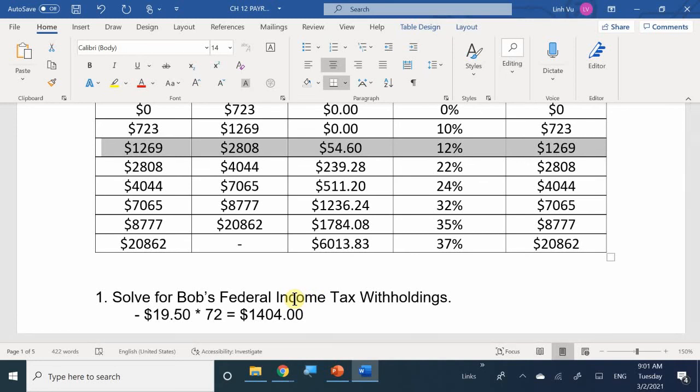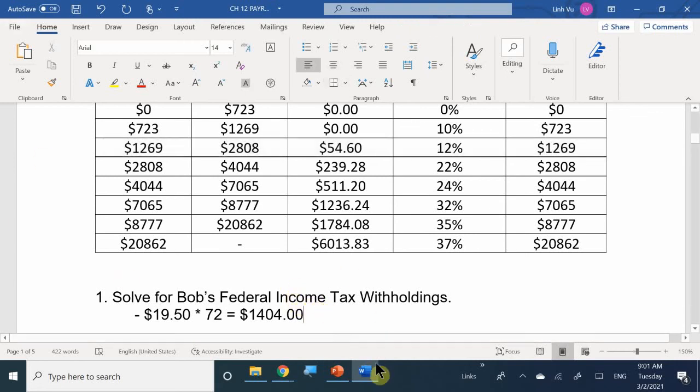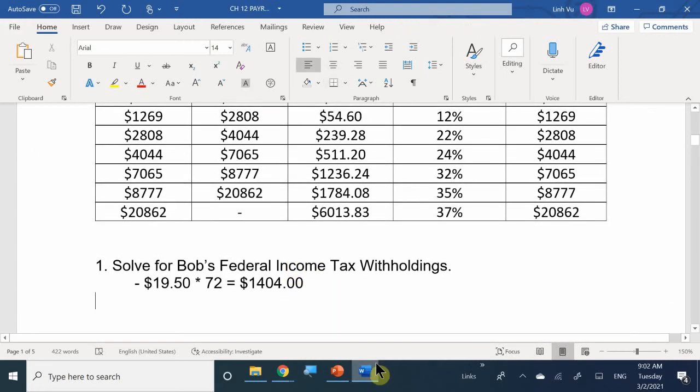He only made $1,404. So in this case, the government's going to automatically take away $54.60. Anything in excess is going to be 12%, and the government gets to let him keep $1,269. So if you remember from our lecture, how do we calculate our federal income tax withholdings?